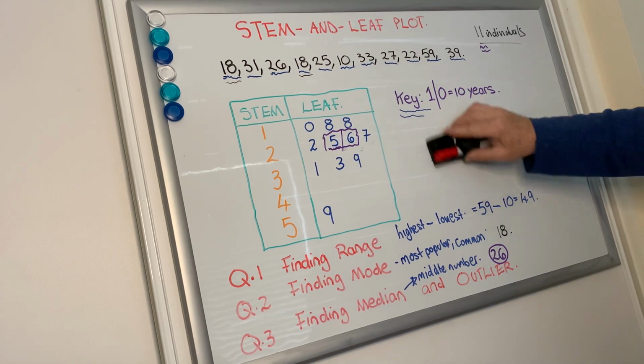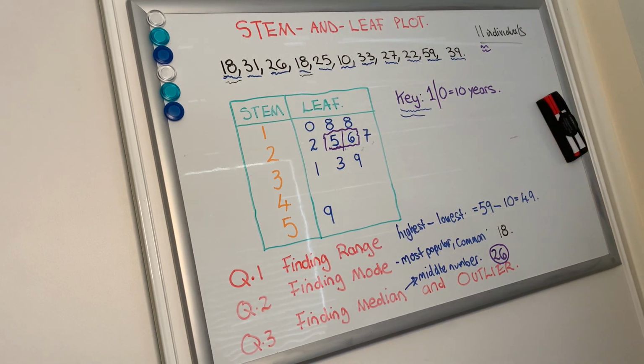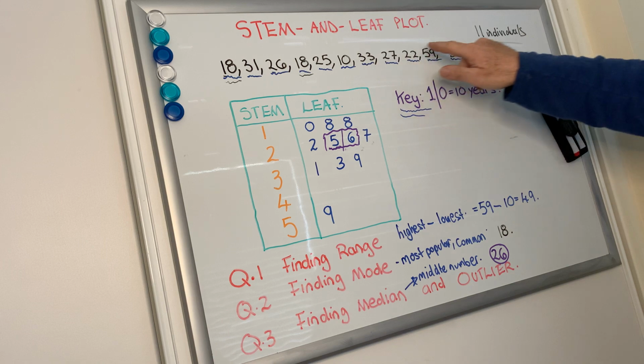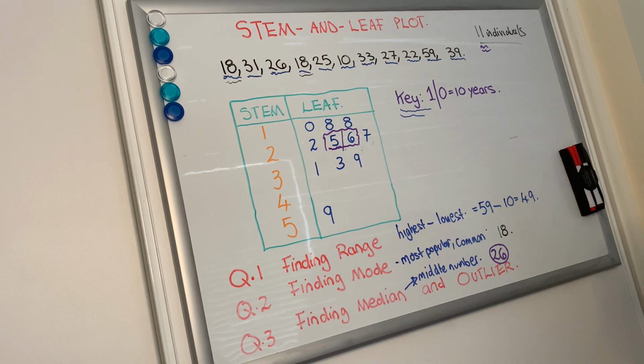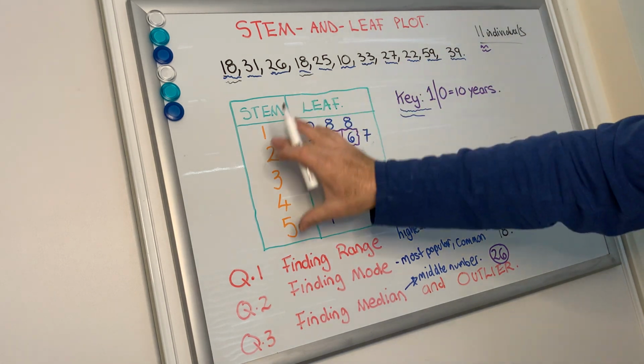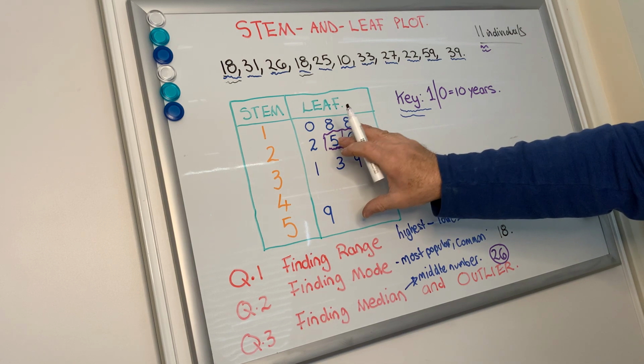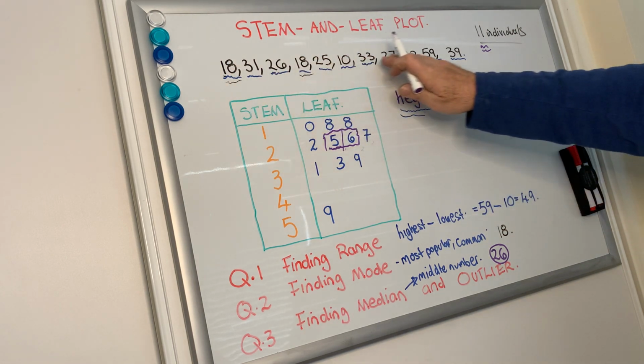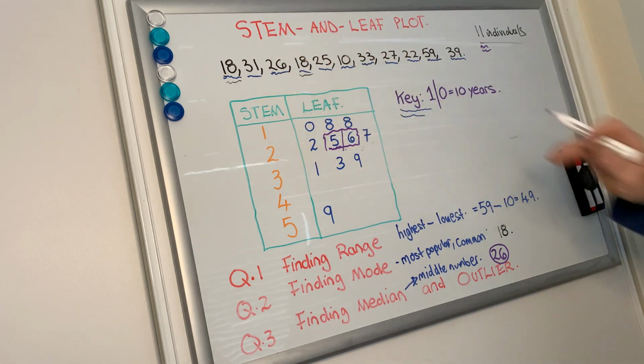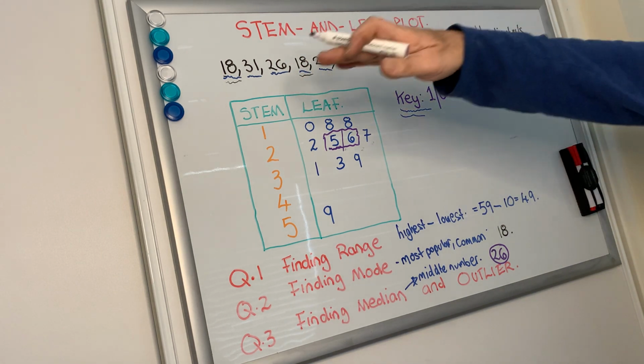The other thing I wanted to show you as well is, let's say you were unsure on how to find the median in this scenario, you could put these values, this quantitative data, in order of lowest to highest.